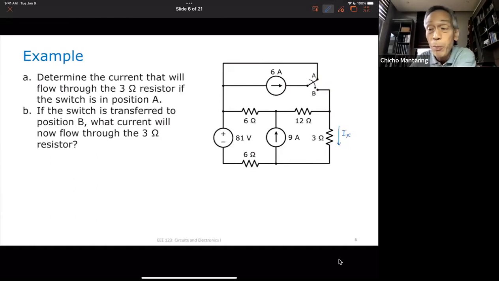Now, I'm not going to use superposition in letter A. This is also going to give you a chance to review nodal analysis.